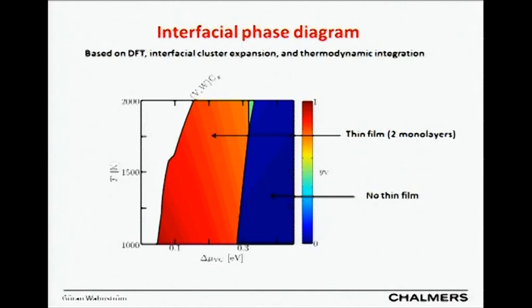The blue area is where you don't have a thin film, you have only segregation. But it's quite a large area with a thin film. You also see that it's not perfectly red, and that is because you have different concentrations of vanadium in the thin film. So this should be an extension of the thermodynamic description.